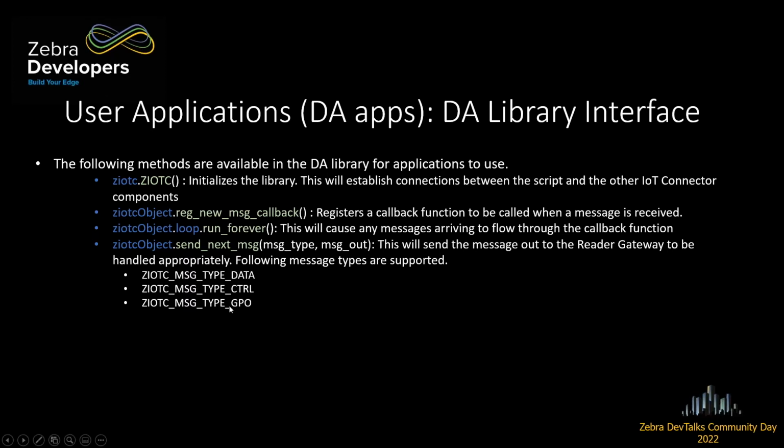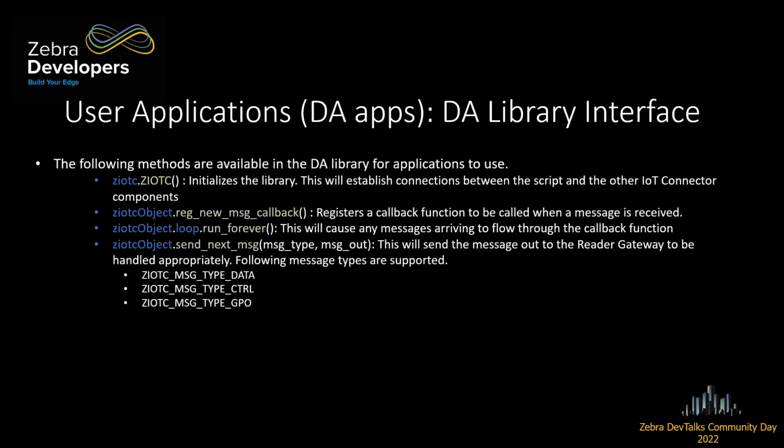The second type of message that is possible is the control message. Now, in some cases, it might be useful for the DA app itself to send out, say, heartbeats, for example, if you want to monitor the state of the DA app. And the application on the other side, be it in the cloud or on-prem, can monitor the state of the DA app and take actions appropriately.